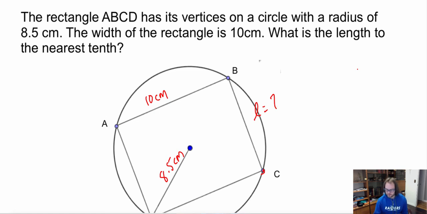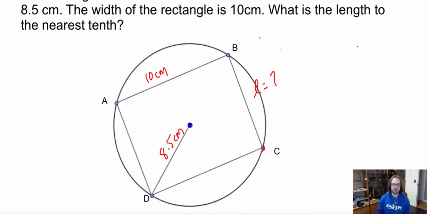Now this looks very confusing. How do we figure this out? Well, first thing I'm going to do is continue and draw another radius here to make a diameter. This is 8.5 centimeters. Now I know that this angle here is, because it's a diameter, going to be 180 degrees.